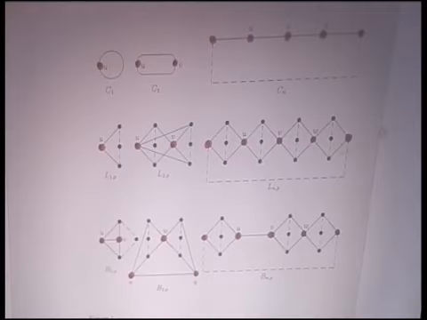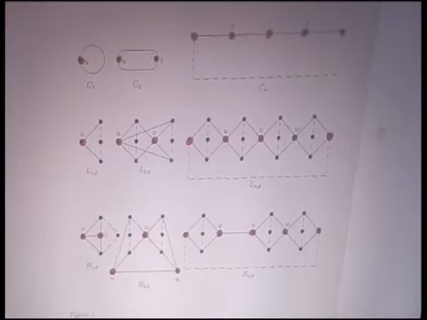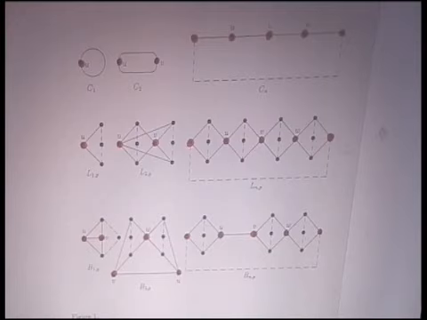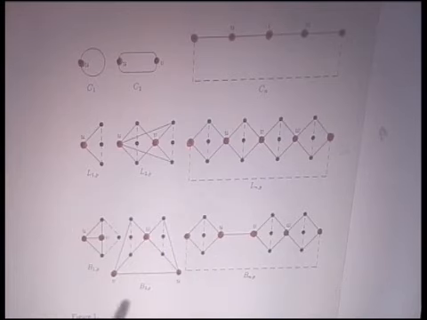Now I would like to present another family of graphs: medial, quasi-medial, it will be better. We have here some family denoted by L sub n,p, and another family B sub n,p.